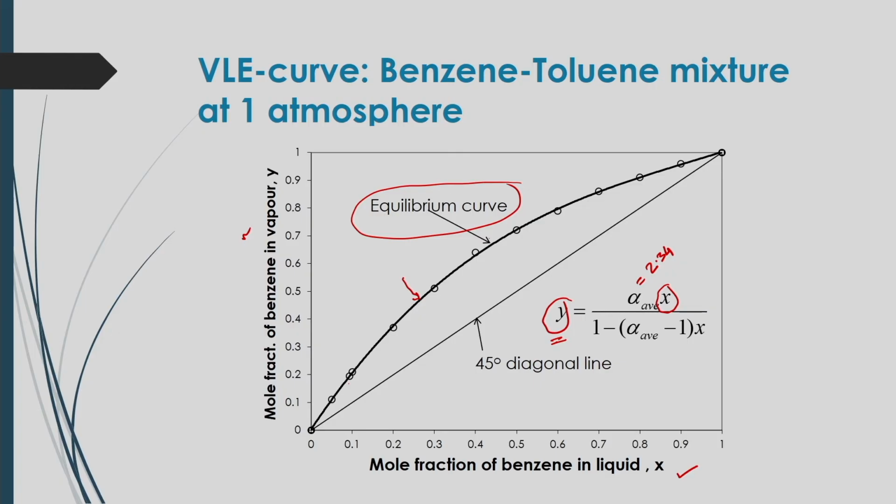Based on this vapor liquid equilibrium curve, you will be able to assess the mole fractions of components at different temperatures and at different stages, and the mole fraction of that component in the liquid phase at different stages of the distillation process.